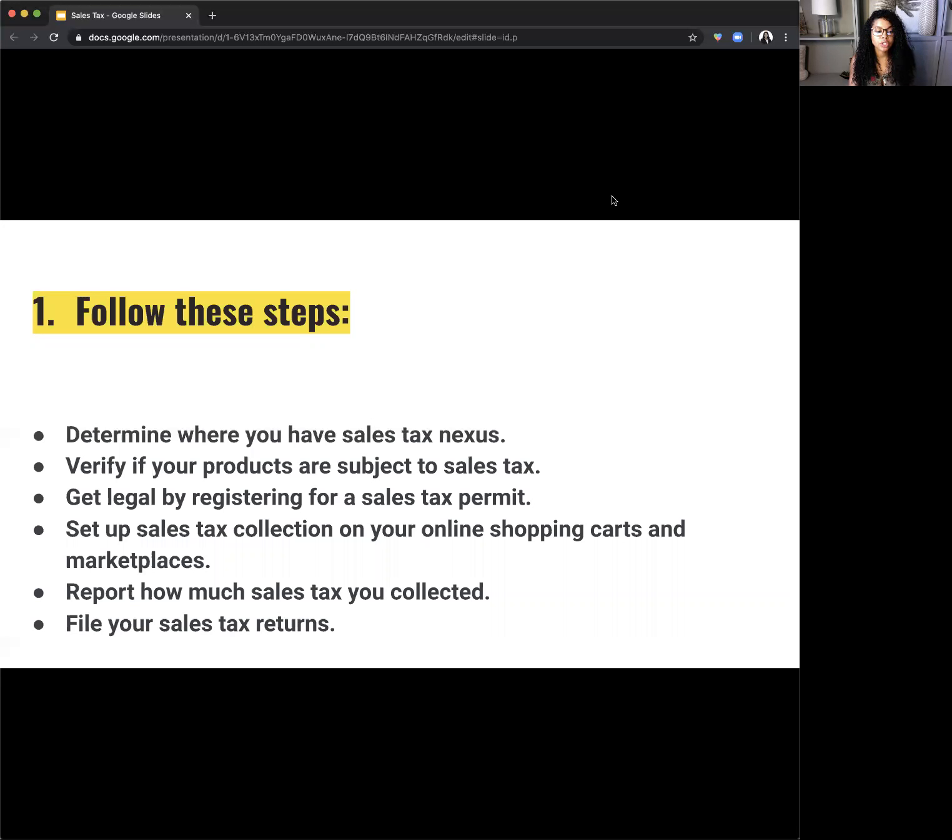Next, you have to report how much sales tax you collected. So once you actually have all the sales tax dollars in, the system will spit out that you've collected this much, this much, this much. This has to go into bookkeeping software, so you know how much you need to pay each entity. How much do you need to pay Atlanta? How much do you need to pay Fulton County? How much do you need to pay the state of Georgia?